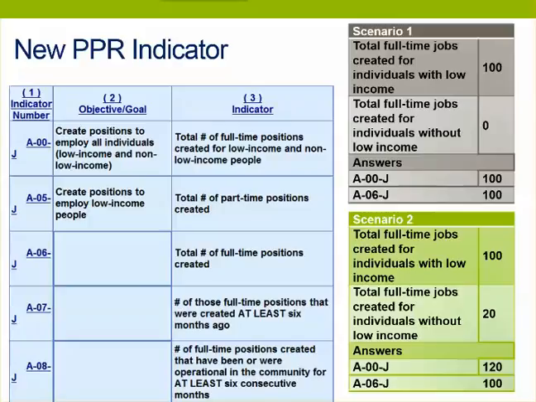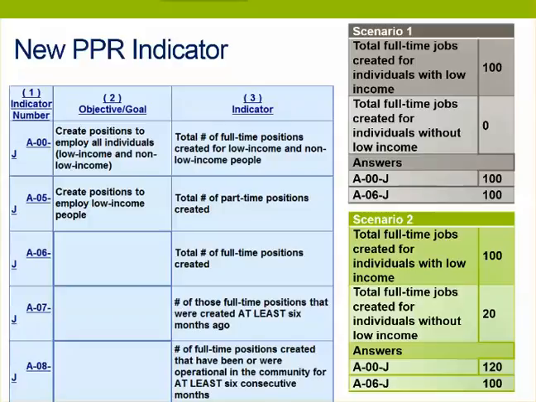For other grants, however, the total number of full-time positions created for both people with and without low income will be higher than full-time positions filled exclusively by people with low income only. So for example, maybe your grant created 100 full-time jobs for individuals with low income and an additional 20 jobs for individuals without low income.